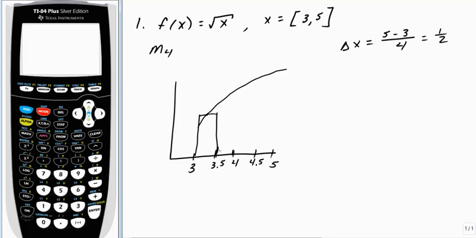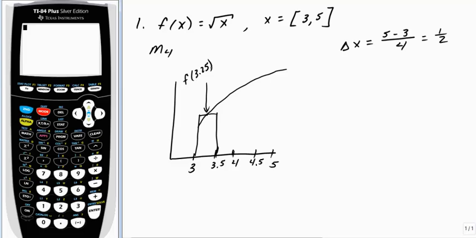Now, the next rectangle would go between 3.5 and 4. The midpoint rule says the height of that rectangle is determined by the middle point of it. So in this case, 3.75. So again, remember the height of this first one I found by saying, well, whatever f of 3.25 is, and we'll find out that later.